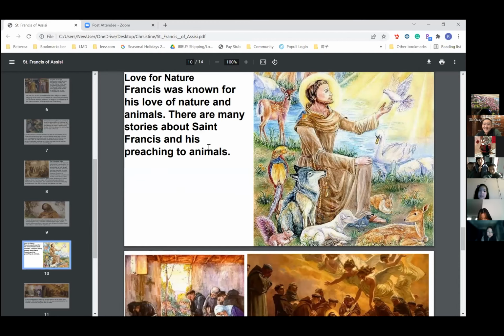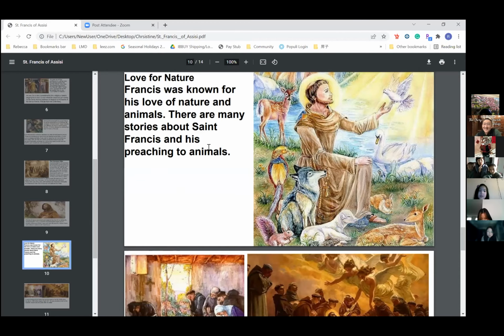Peace prayer. Lord, make me an instrument of your peace. Where there is hatred, let me sow love. Where there is injury, pardon. Where there is doubt, faith. Where there is despair, hope. And where there is darkness, light. Where there is sadness, joy.